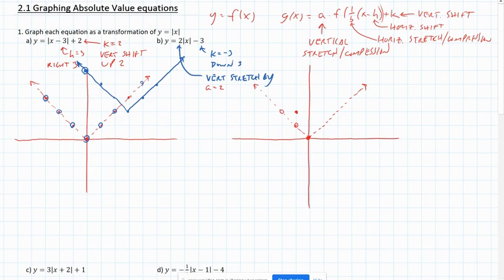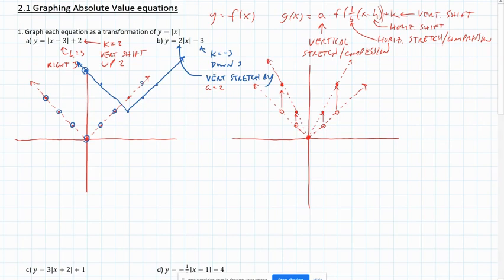This point has a y value of 2, so that's now going to be a y value of 4. So all these points are going to be stretched upward, multiplying the y value by 2. And so now our parent function with a vertical stretch would look like this.